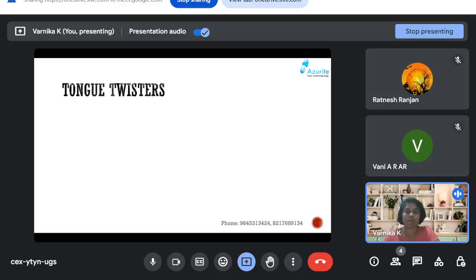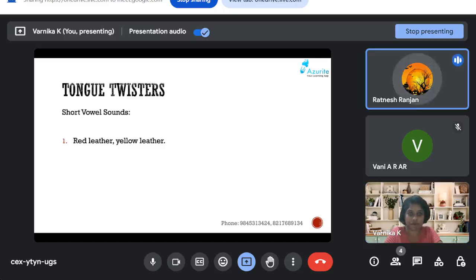Okay. So now we're going to read tongue twisters. I remember Vani was reading this during the demo class. So can Ratnesh read this for me now? Yes, Ratnesh, can you unmute and read the tongue twister? Read it fully, full sentence, two times.